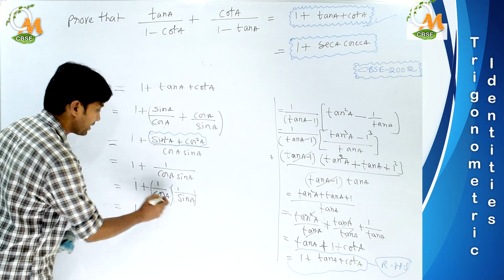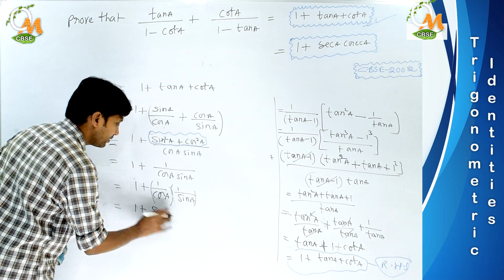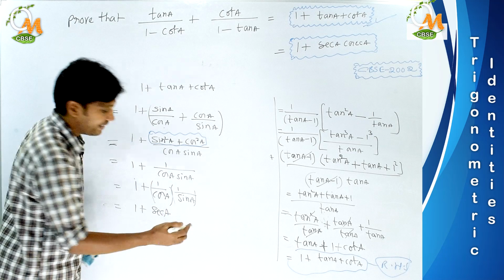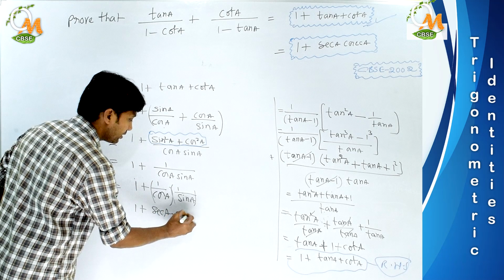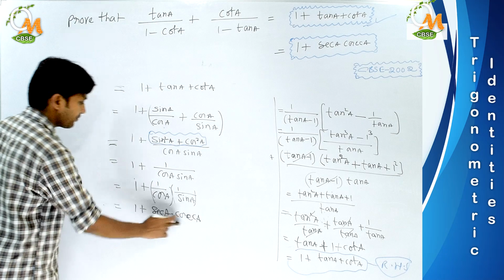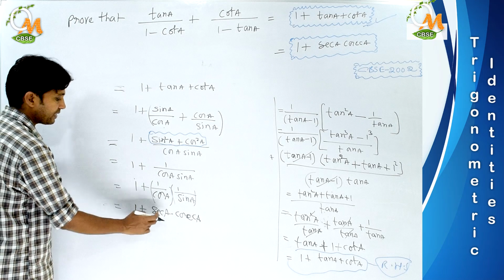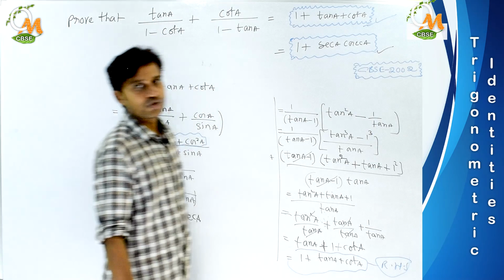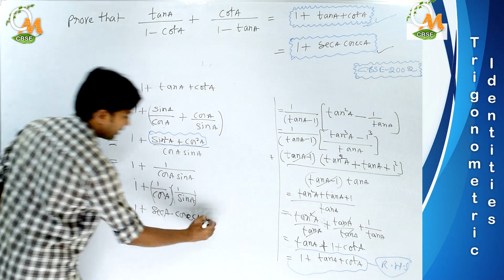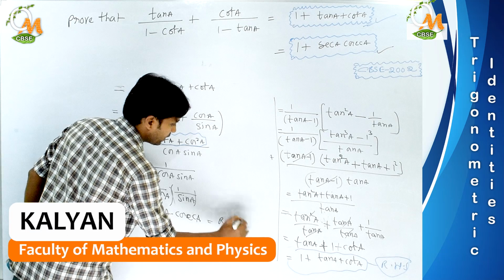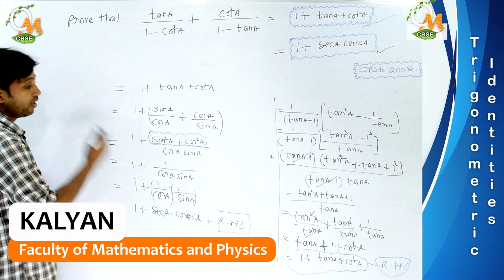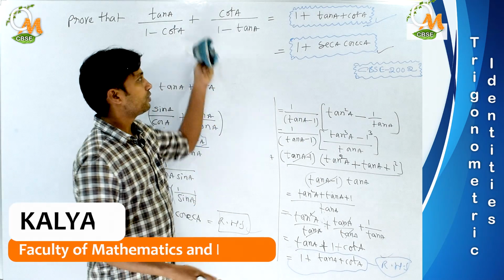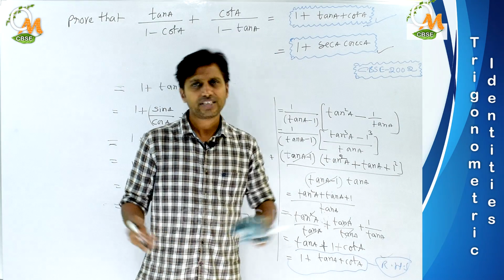So here we write secant A, and 1 by sin A will obviously be written as cosecant A. So this final answer would be 1 plus secant A into cosecant A, which is our next answer. Understood? So we obtained our RHS here also. We took the LHS and obtained two RHS parts. Therefore LHS equals this RHS and this RHS, so it is solved.